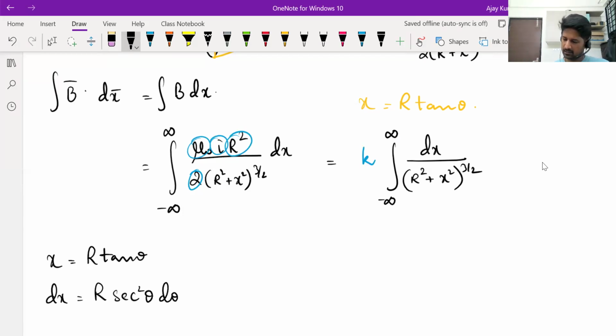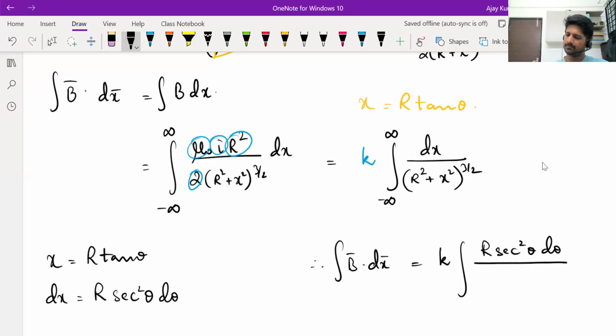Therefore, the required integral now becomes, we needed the integral of b dot dx. That now becomes, the constant k stays as it is, integral, in place of dx, we'll write r secant square theta d theta divided by r square plus x square. Now we took x as r tan theta, right? So when you square x, it becomes r square tan square theta.